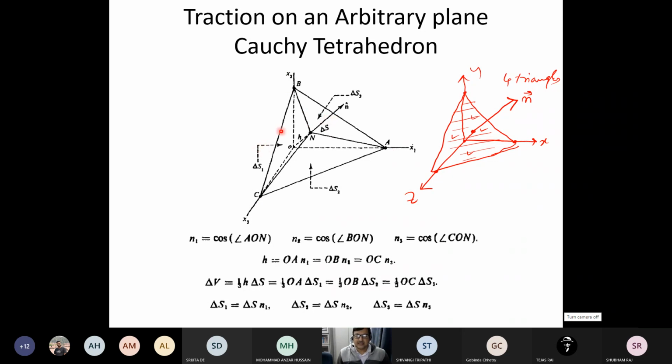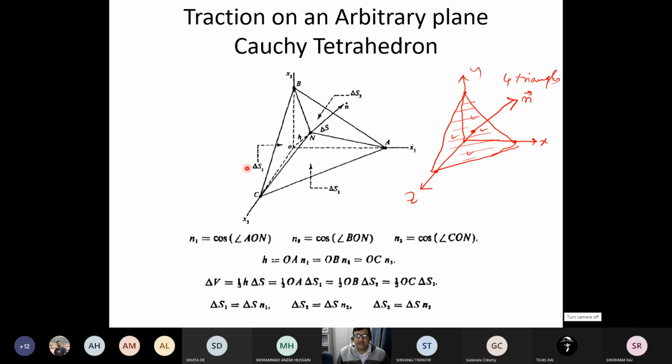One is delta S1, this one, delta S2, this one, delta S3 is that one. Correct? So delta S is nothing but delta S1 I, delta S2 J, and delta S3 K. So one in the x direction, one in the y direction, one in the z direction.